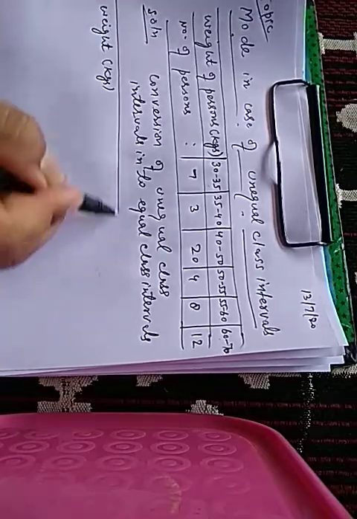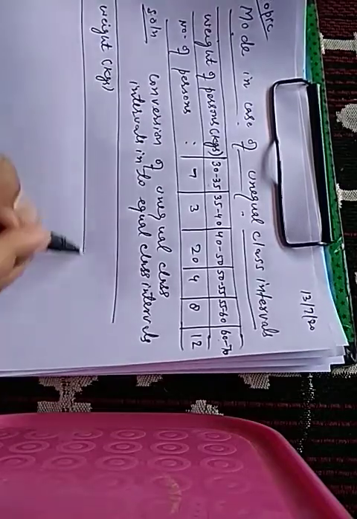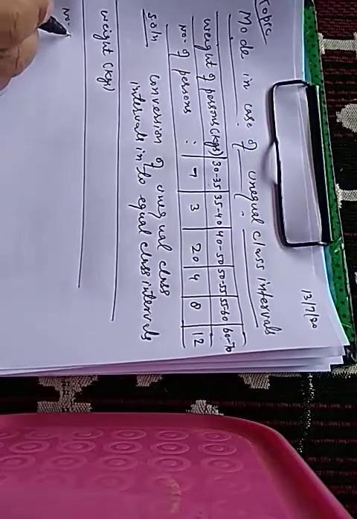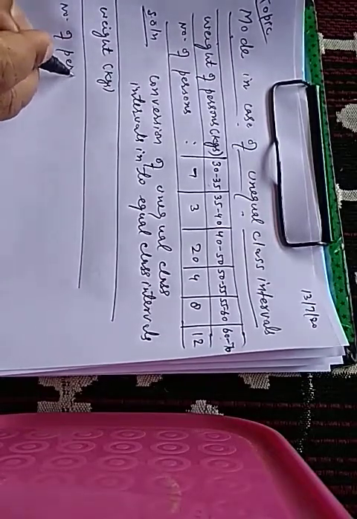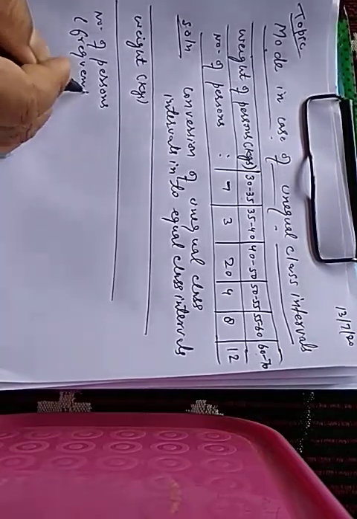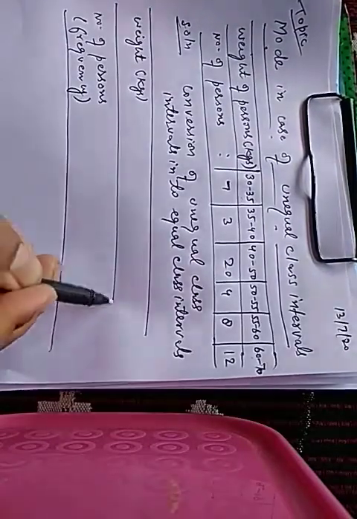Weight of persons in kgs, number of persons falling in these weight groups, or we can write it as frequency of this variable, denoted by small f.